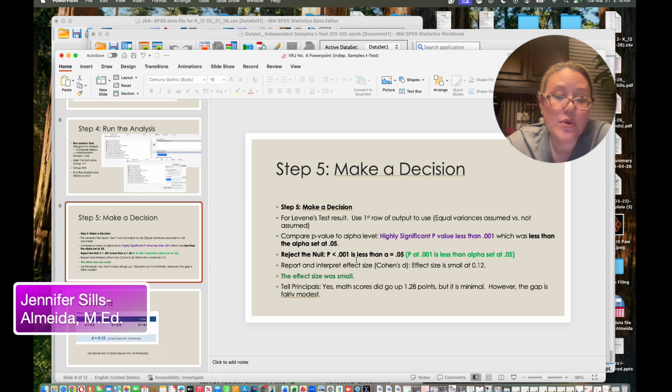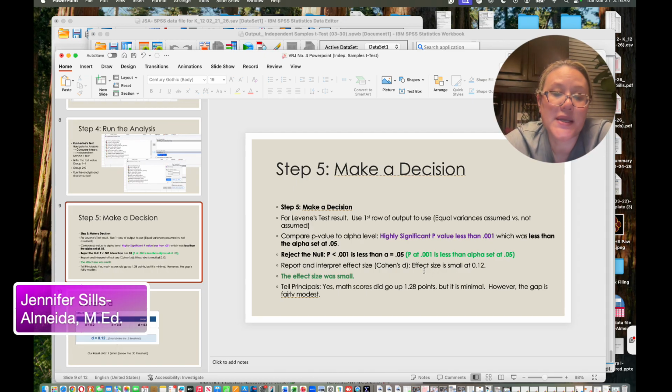We had to reject the null because of this, and because 0.001 is less than 0.05, we had to report and interpret effect size. So we're looking at Cohen's d. Now, this is something else. Besides significance, we also have to say whether the effect size is small.